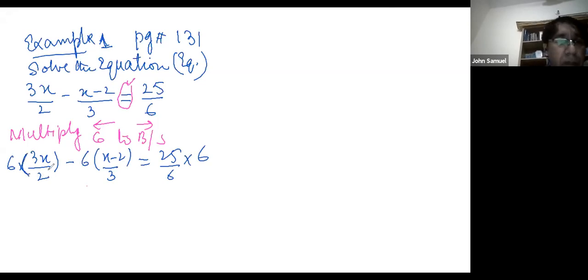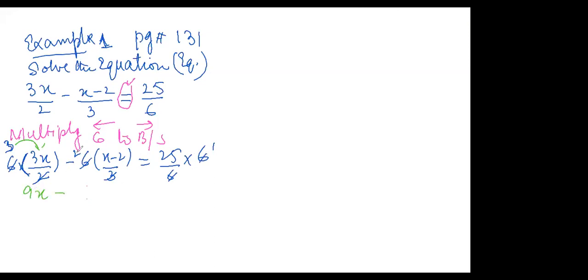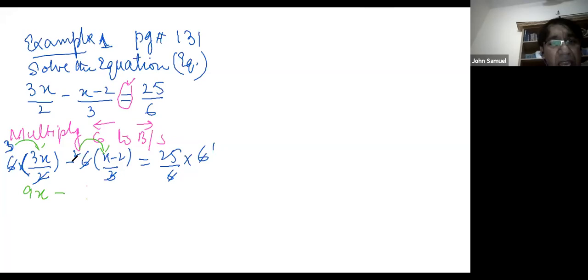Now 2 3 times 6, 3 2 times 6, and 6 1 times 6. You'll multiply this value with this one. 3 3s are 9x, minus 2 times x minus 2x, and minus times minus will become plus, 2 2s are 4, is equal to 25. Hope you are getting it, my dear.